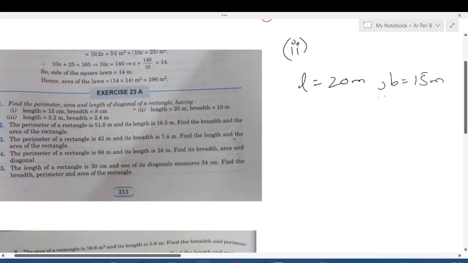Tell me the formula for perimeter. What are the three things you have to find here? Length of what? Rectangle. That is what they have given, right? What is the perimeter of a rectangle formula? 2 into L plus.